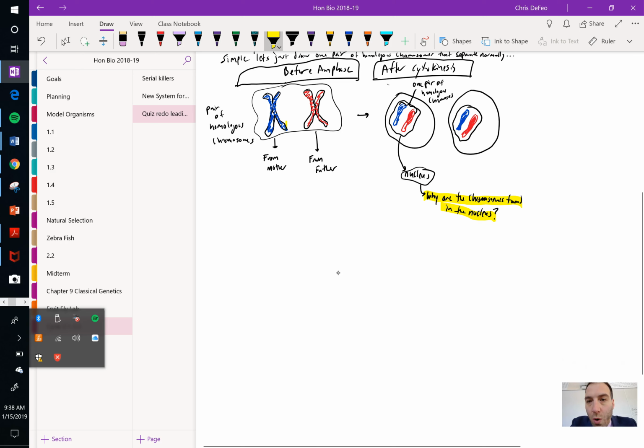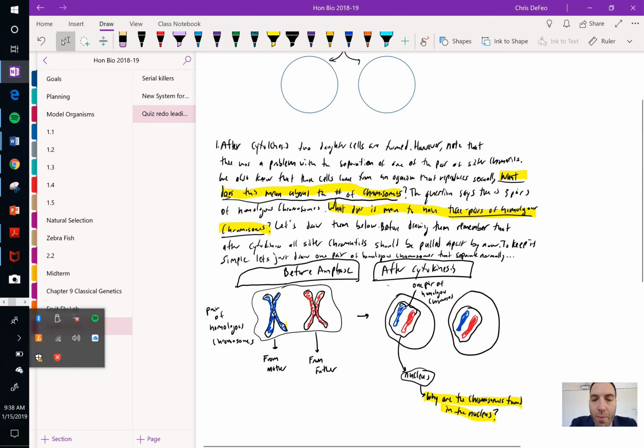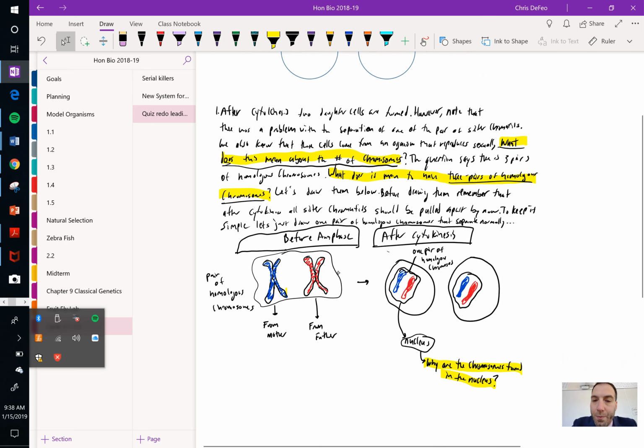Now this went through normal mitosis. Everything worked fine. Now the question is asking you, this time, 1 pair of sister chromatids did not separate correctly out of the 3 pairs of homologous chromosomes.